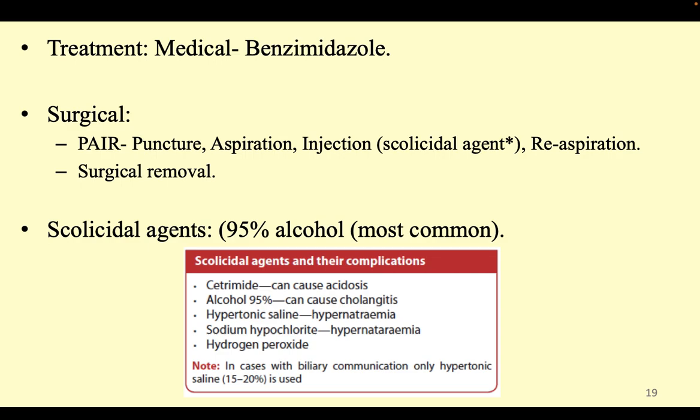Then once the aspiration is done, we inject a scolicidal agent in the cavity, and after exposing it for a certain amount of time, this scolicidal agent is re-aspirated completely. There are different scolicidal agents that we can use, but 95% alcohol or hypertonic saline are the two commonest scolicidal agents that we use.